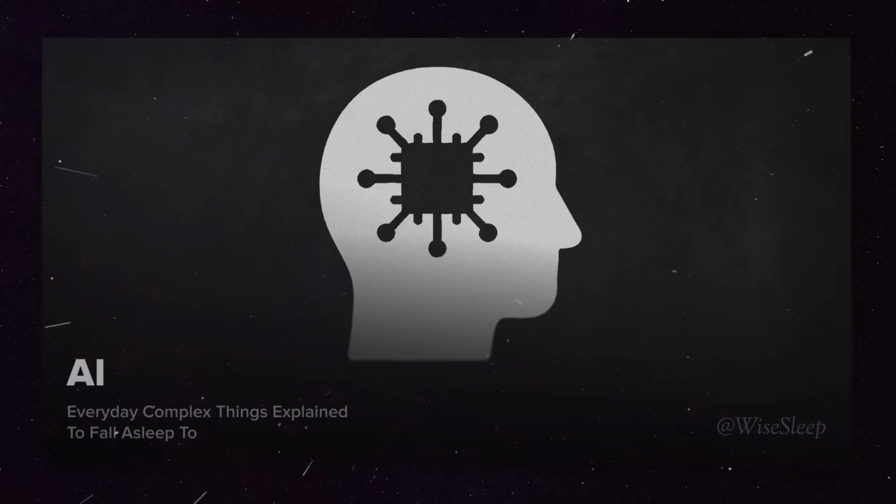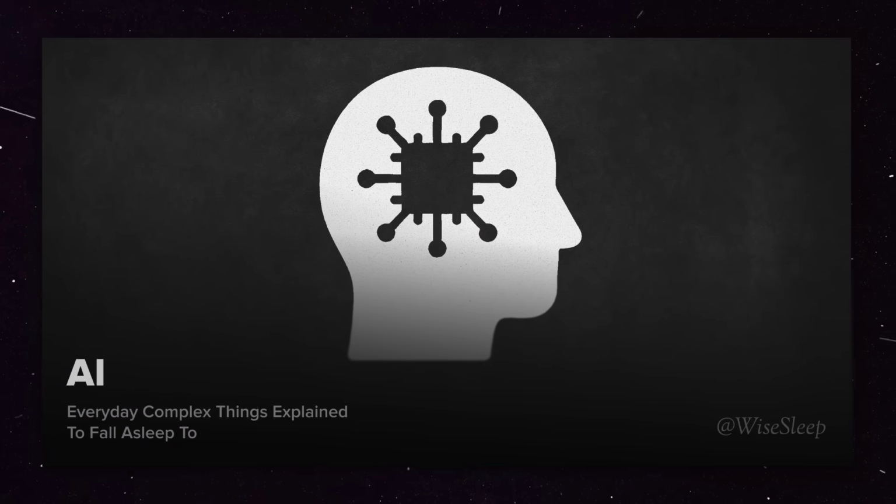AI. You've probably already used AI today without even noticing. Whether it was your phone predicting the next word you were about to type, a voice assistant answering a question, or a streaming app suggesting what to watch next, all of that involves artificial intelligence.